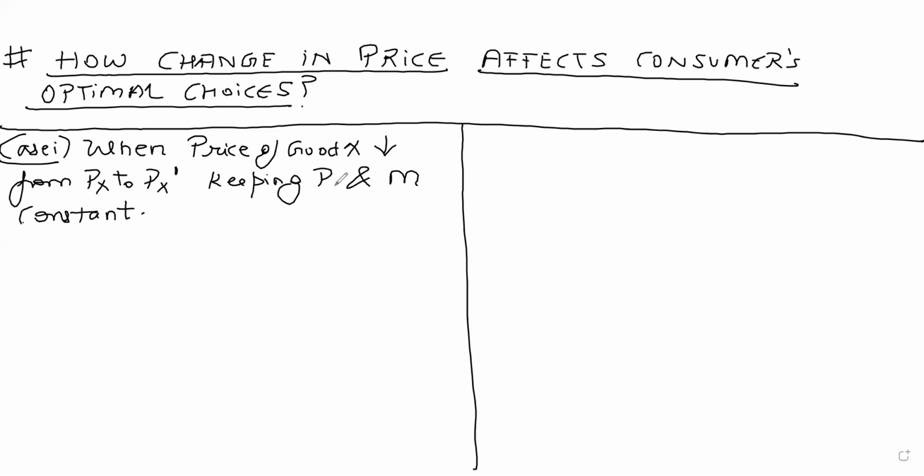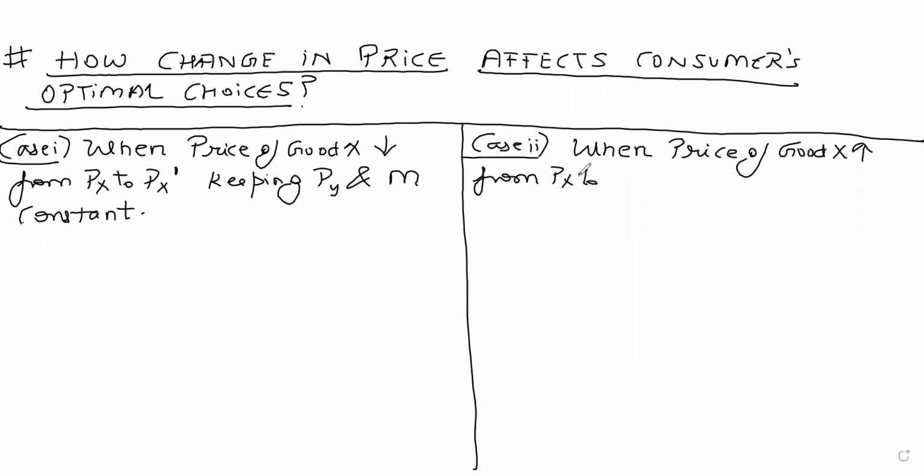Okay, and then we can have the second case, case 2, when the price of good X rises from Px to Px double dash.